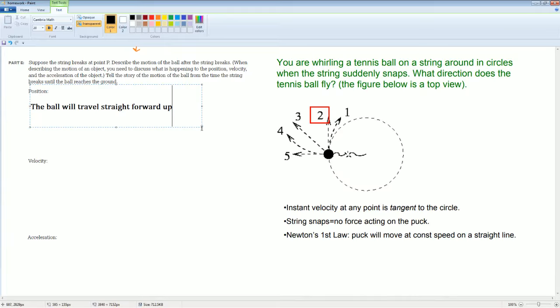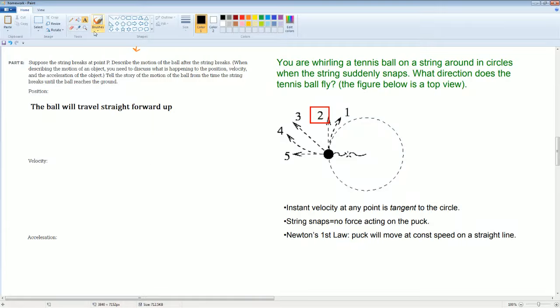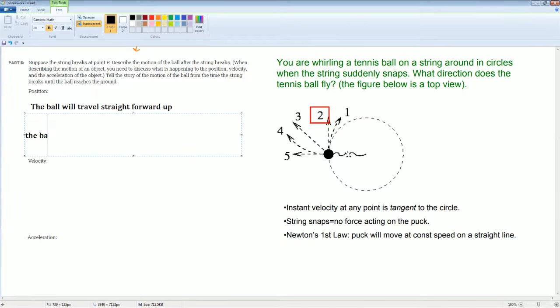Goes straight up, then right. Once it goes up, it becomes like a projectile motion. So the ball will travel straight up. The ball will then reach its maximum height, then fall down to the ground.